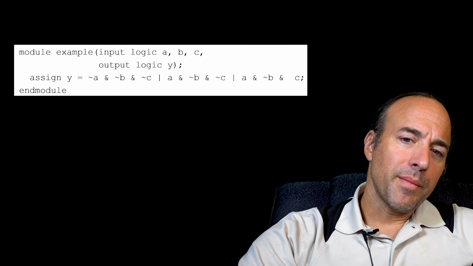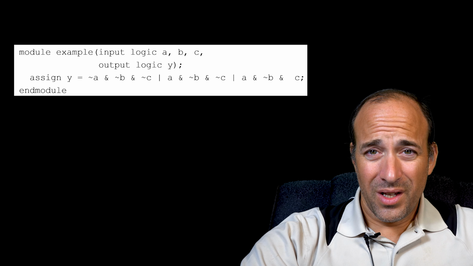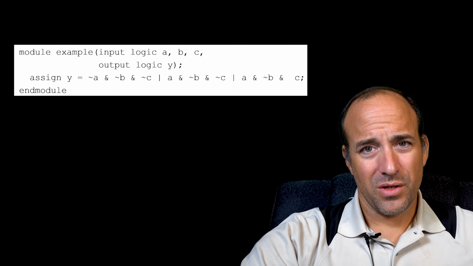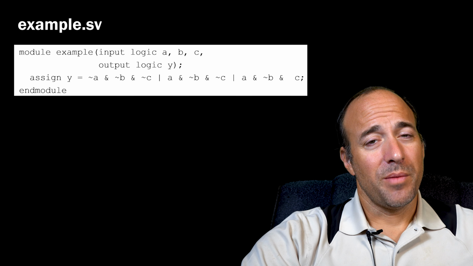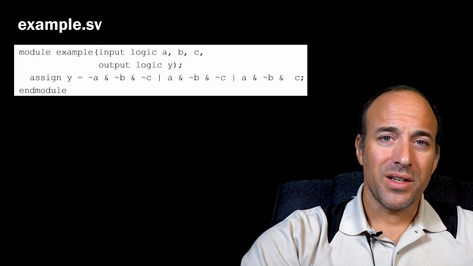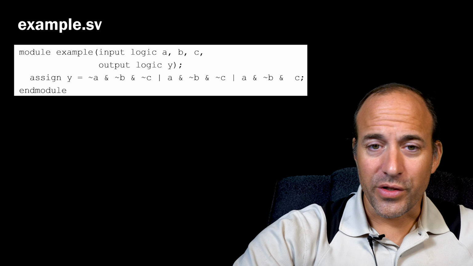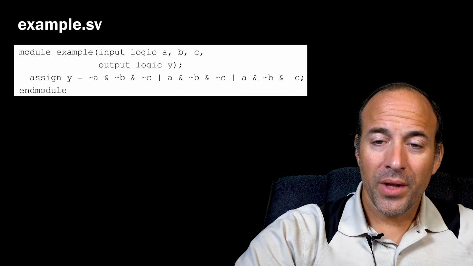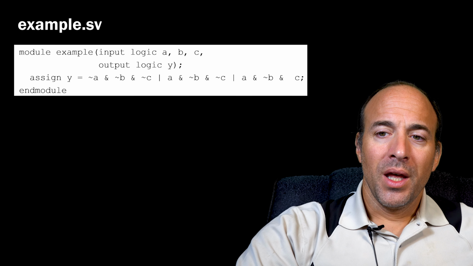Usually, each Verilog module is stored in its own file. Now, this isn't required, but it's a very common convention. So one file per module. The file is typically named with the same name as the module with the file extension .sv. So, for example, if we have a module named example, we'll store it in a file called example.sv.